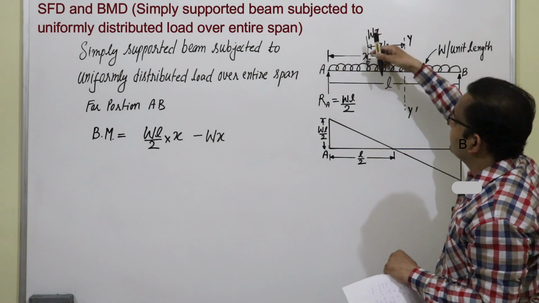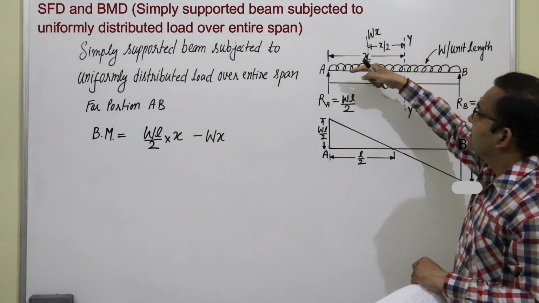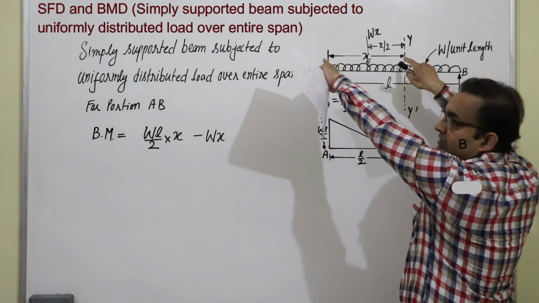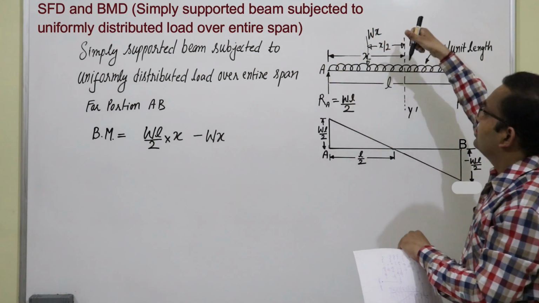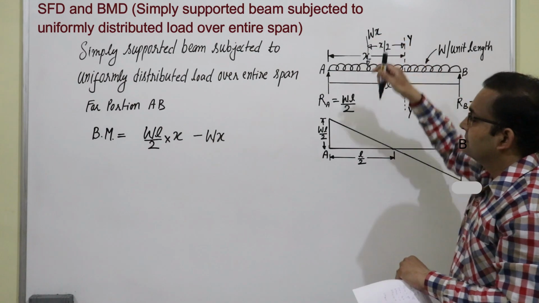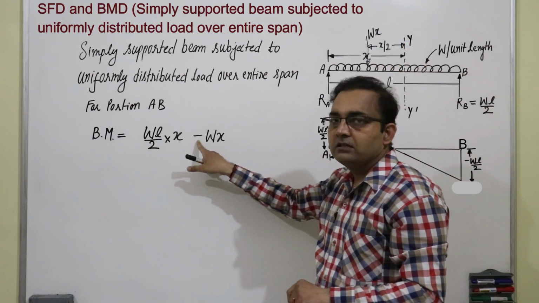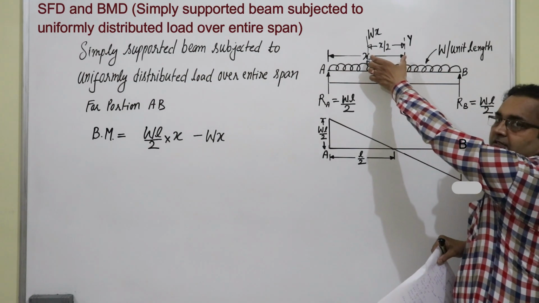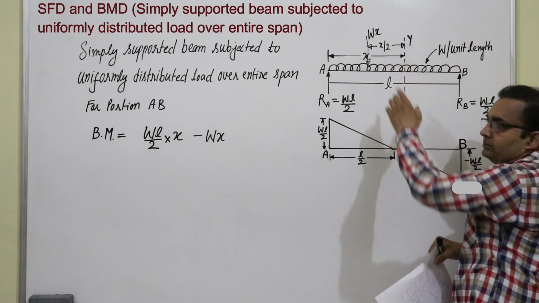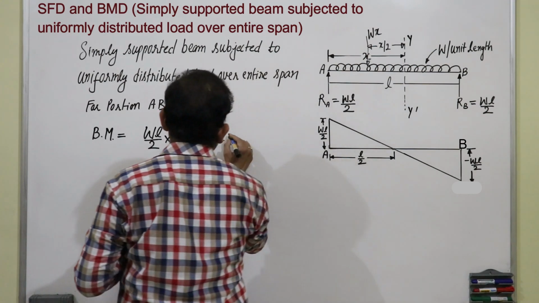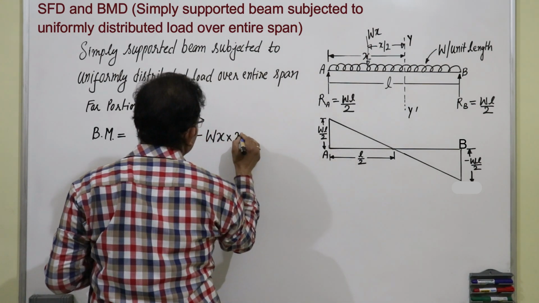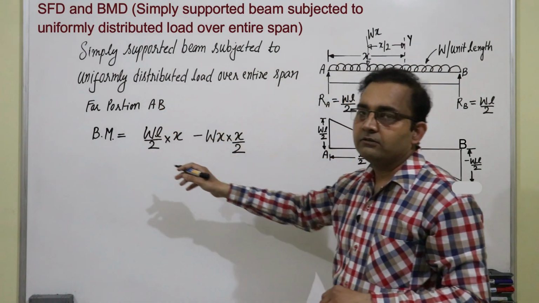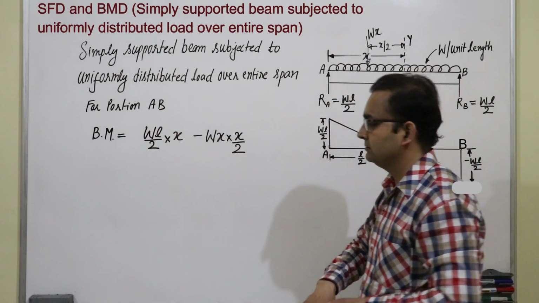So, we have converted this uniformly distributed load for the distance x into the point load. The point load is W x and it is downward. So, that is why minus W x into force into perpendicular distance, which is x by 2. So, this is the general equation of the bending moment.